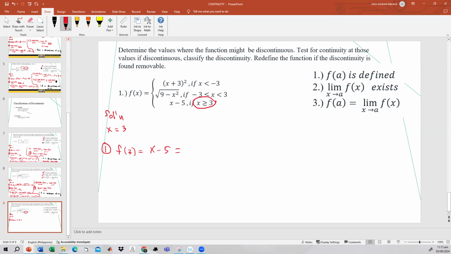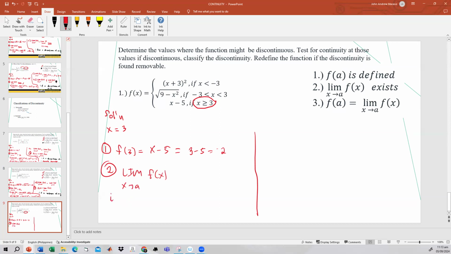So this becomes 3 minus 5, which gives a value of -2. Okay, is f of a defined? Of course, yes, because there is a value, which is -2.